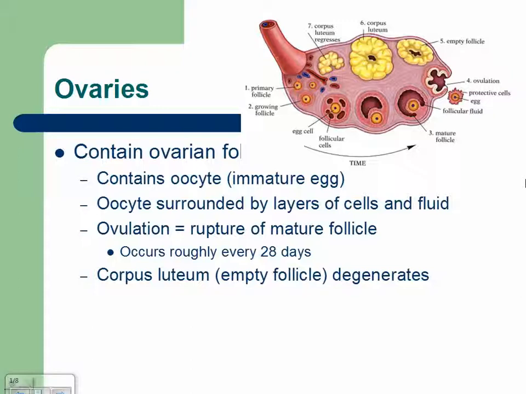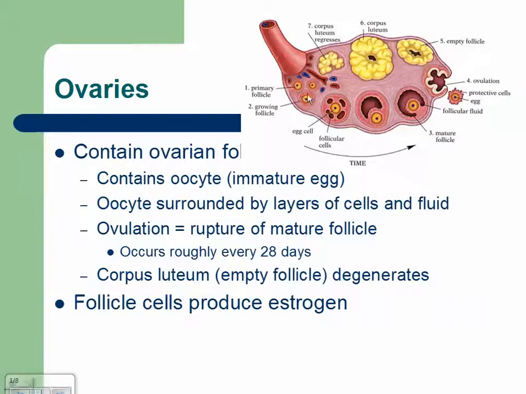But once that egg has been released, or the ovum has been released, this follicle is left over, and it's going to break down. It's going to become something called a corpus luteum, and then it's eventually going to degenerate and break back down. The follicle cells here, so these cells that are surrounding the egg, have another role besides protecting the immature egg. They produce estrogen, which is the primary sex hormone in females.